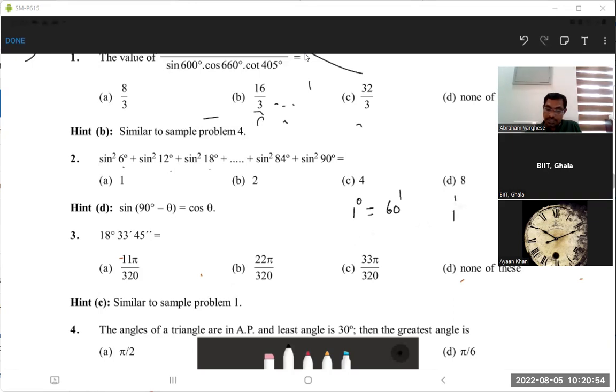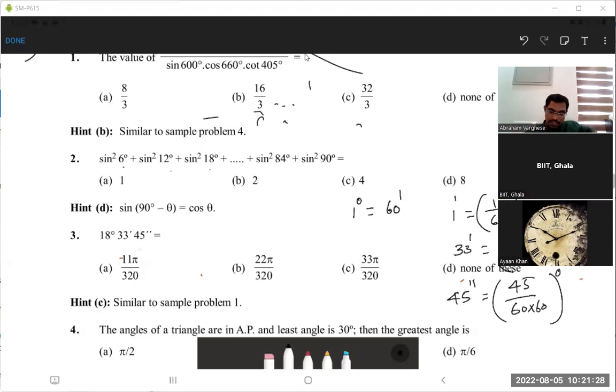So 1 minute will be equal to 1 by 60 degree. Therefore, 33 minute will be equal to 33 divided by 60 degree. And 45 second will be equal to 45 divided by 60 into 60 degree.